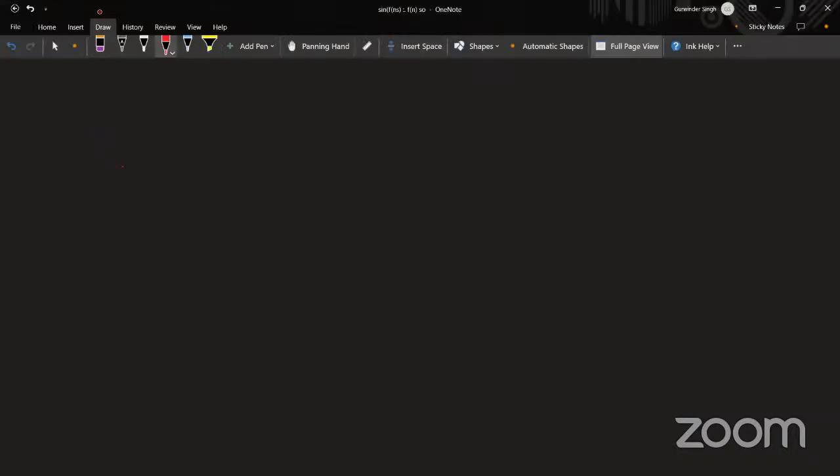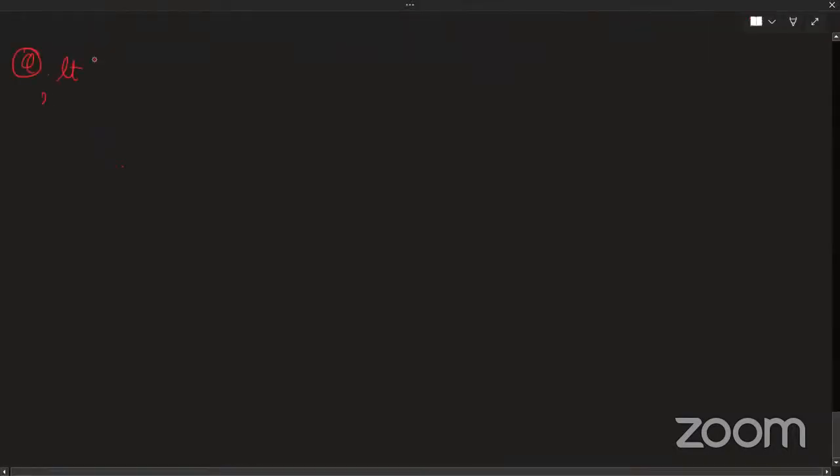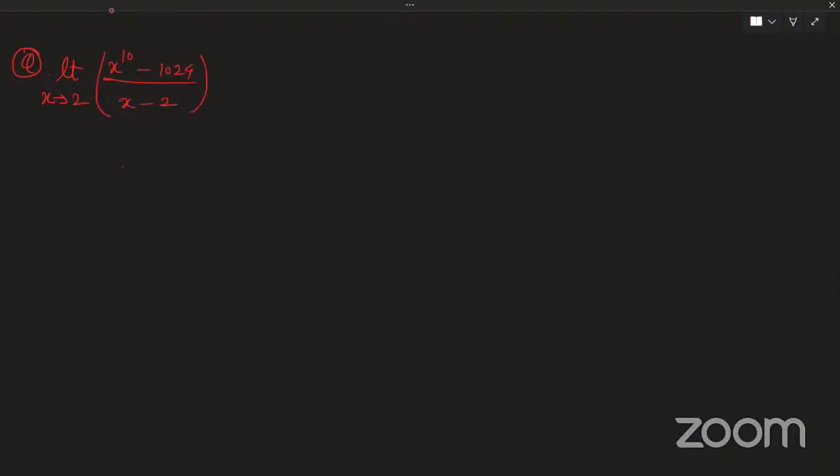Let us just do a simple question. Limit x tends to 2, x raised to 10 minus 1024 whole divided by x minus 2. What will it be equal to?